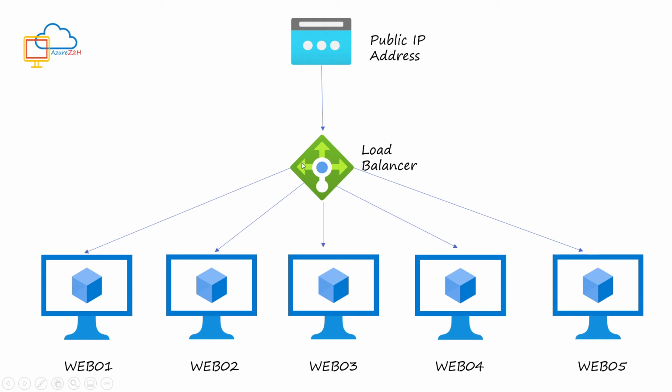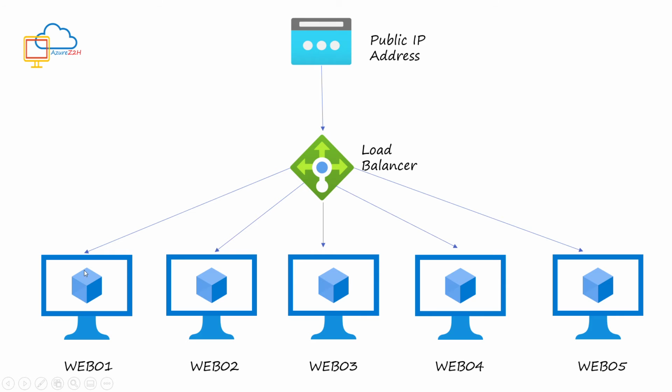Now as I said, I just want to discuss how load balancer will detect if this web01 is healthy or not. So that's where something like health probe comes into the picture. Health probe is nothing but some rule where you ask load balancer to check if this web01 is alive on port 443.